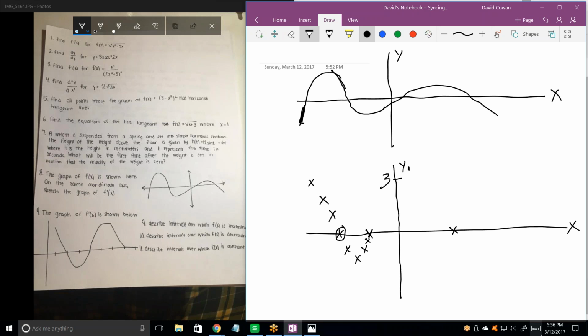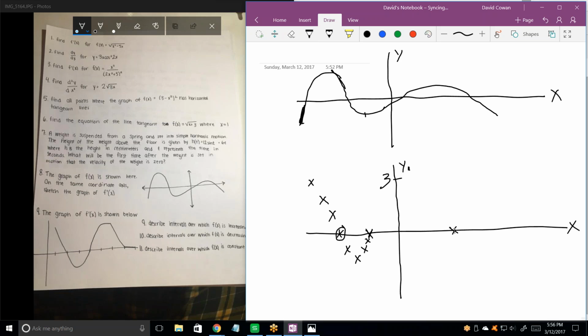Notice that once I get beyond that 0 right there, that's not a 0, but that's where that tangent line is 0. Now the slopes are all positive again until I get up to this 0 here. So every point between this point and this point has to be in positive territory.